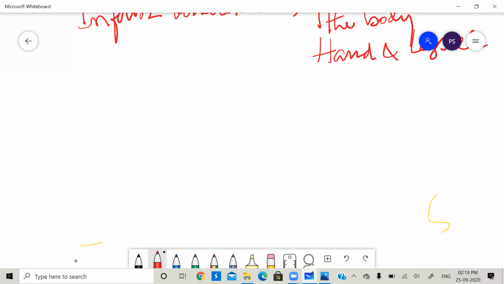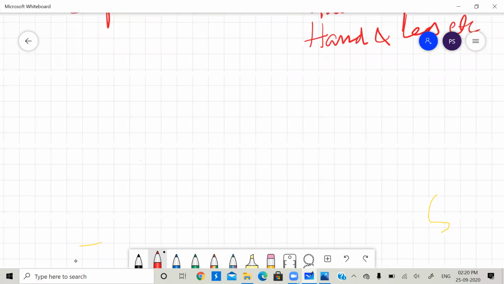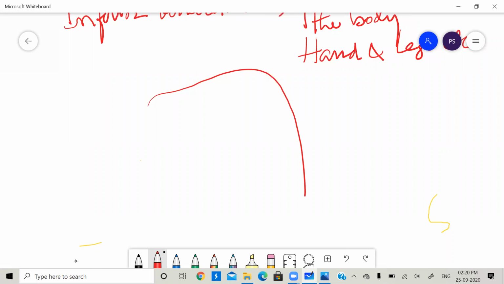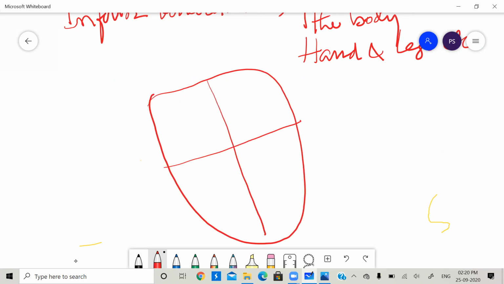Now we will see the septa and how they are. Roughly this is the heart, the four-chambered heart. This is the left auricle, left ventricle, right auricle and right ventricle.